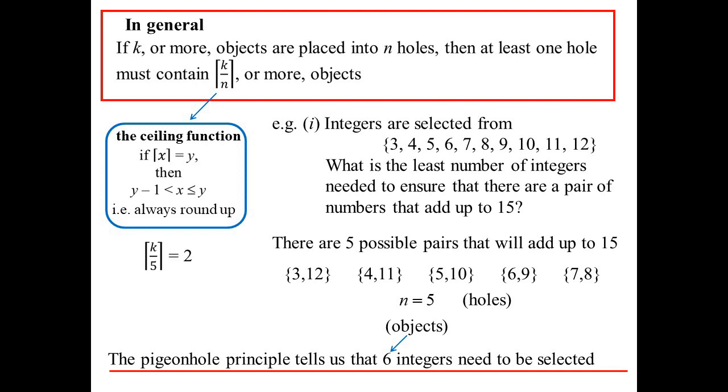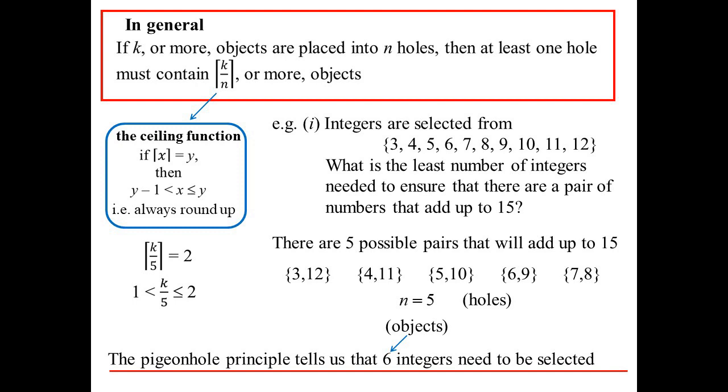Way of doing it using the ceiling function. So we're saying that k divided by 5, right? The number of objects, that's what we're trying to work out, divided by the number of holes. We're saying the ceiling function of that is 2. We want at least 2. Using this inequality then, we're saying k over 5 is in between 1 and 2, not including 1.